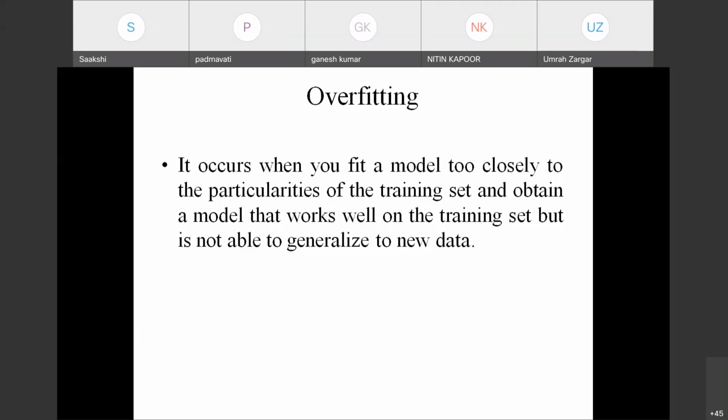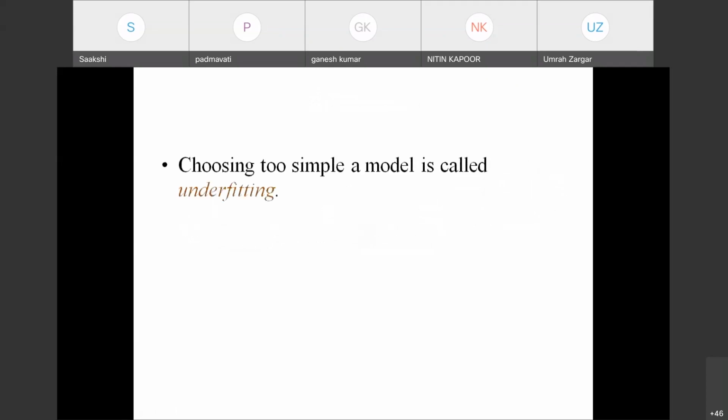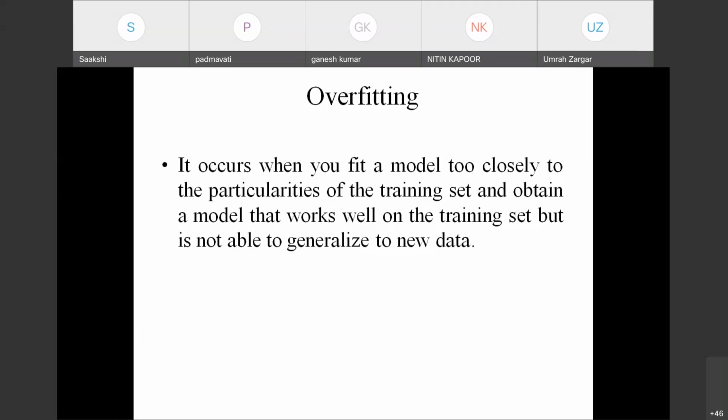Okay, it is giving good results only on the data which it has seen, but it is not giving good results for those data points which it has not seen. Fine. So I can say my model is not able to generalize on the new data. So this problem is nothing but overfitting. Okay, the next term is underfitting.